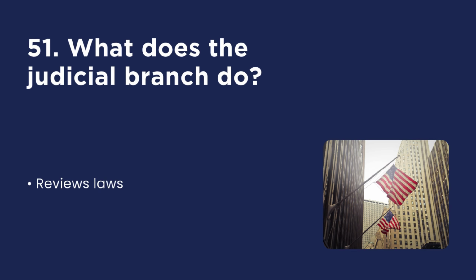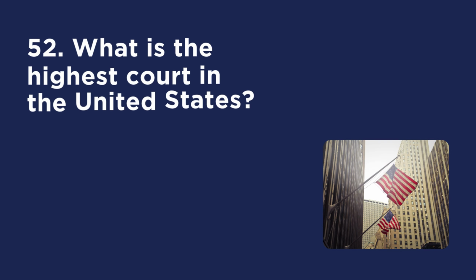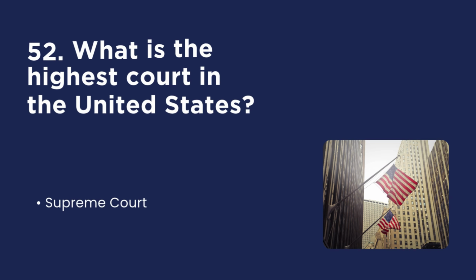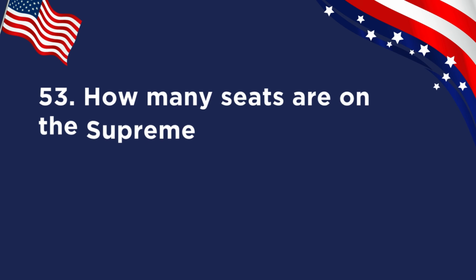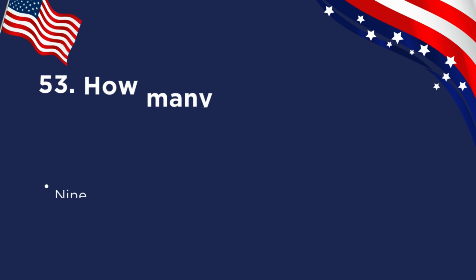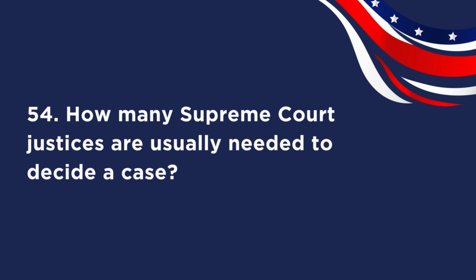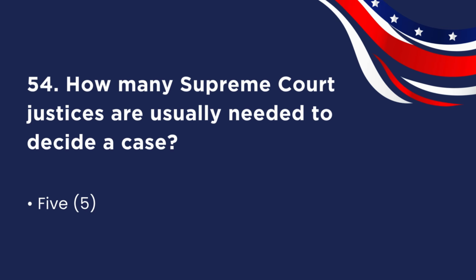Reviews laws. What is the highest court in the United States? Supreme Court. How many seats are on the Supreme Court? 9. How many Supreme Court justices are usually needed to decide a case? 5.